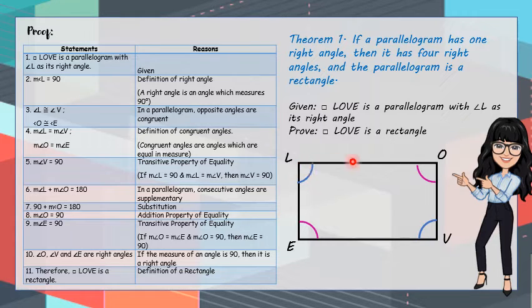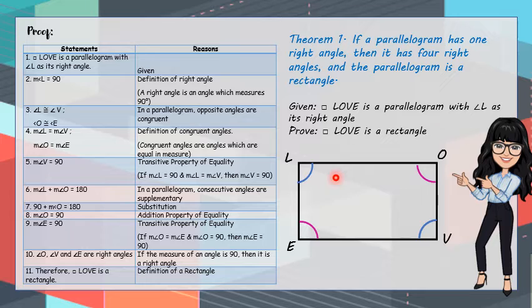Now, angle L and angle O again are consecutive angles, and in a parallelogram, consecutive angles are supplementary. So, what does it mean if we say supplementary angles? Supplementary angles are angles whose sum is equal to 180 degrees.